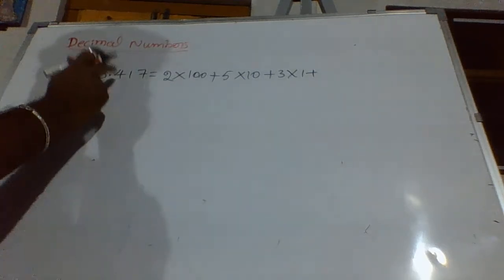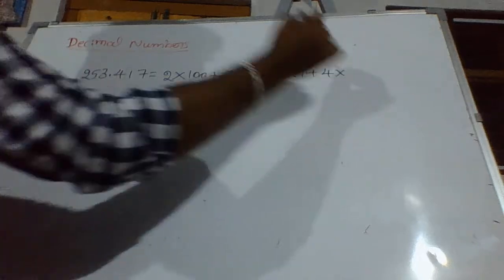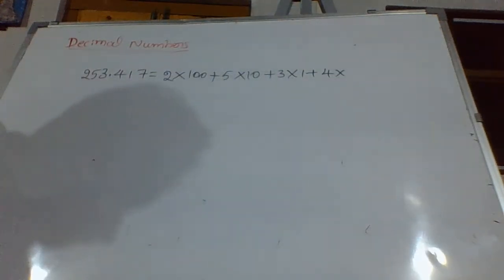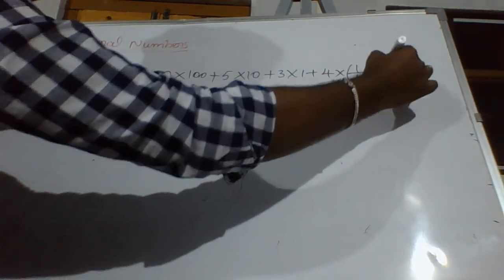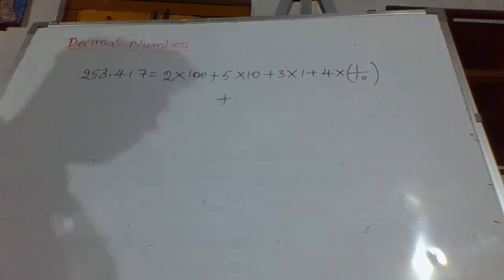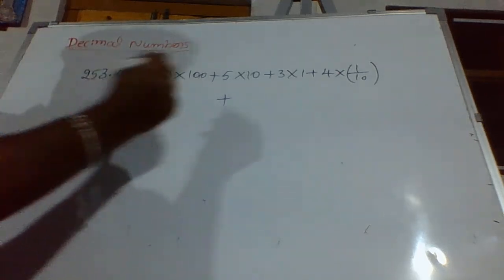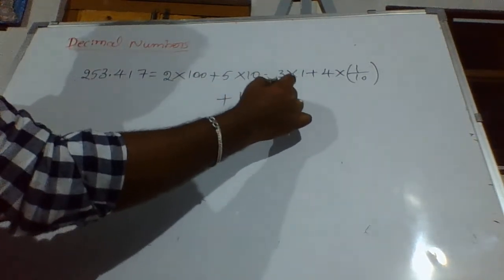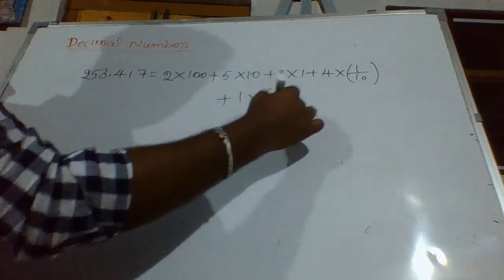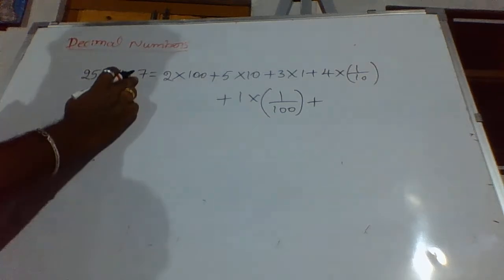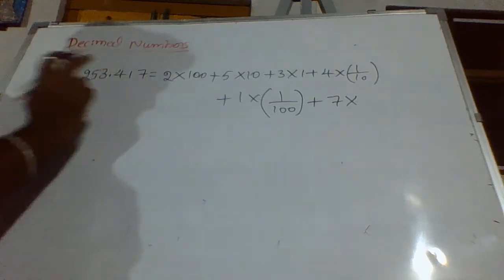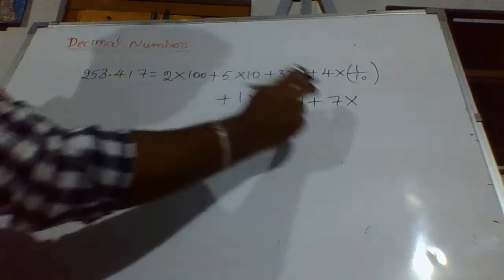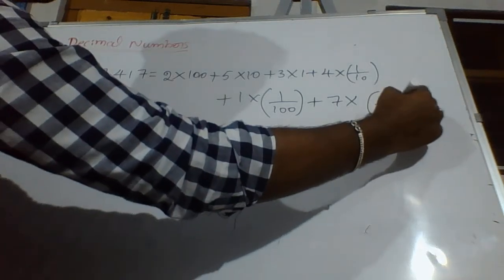So now we will consider this 4. 4 is at the tenths position. Therefore 4 into 1 by 10 plus. What is the next number? 1. Now 1 is at the hundredths position. Hundredths position means 1 into 1 by 100 plus. Next, what is the number? 7. This 7 is at the thousandths position. So how to write the thousandths position? 7 into 1 by 1000.